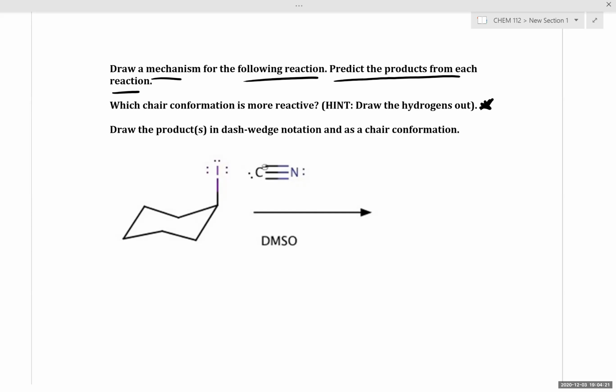So we have a student typing in the chat. They think the nucleophilic carbon will attack from beneath on the opposite side, and the iodine will be pushed out. Okay. Now, I'd just like you to tell me then, should I draw my bond to cyanide with a dash or a wedge?